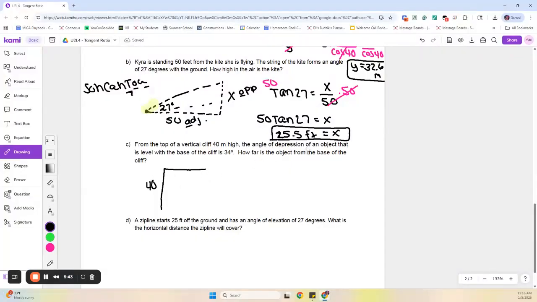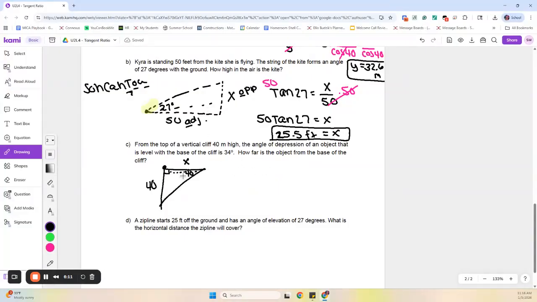The angle of depression of an object that is level with the base is 34 degrees. Again, our angle of depression is going to be horizontal, so that's going to be 34 degrees. And then how far is the object from the base of the cliff? So if this is my base, then this is going to be our x.